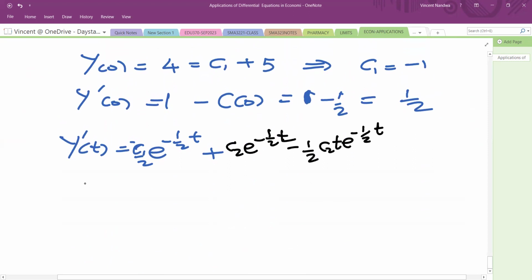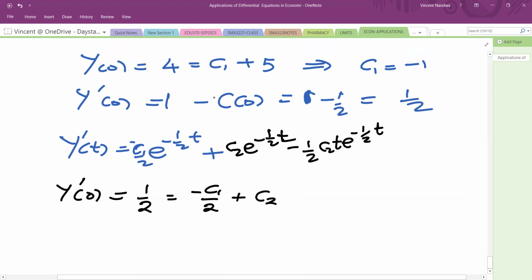So y prime at 0, which is a half, will be negative C1 over 2, plus C2. The remaining part will be 0 because we multiply 0 by the other terms.